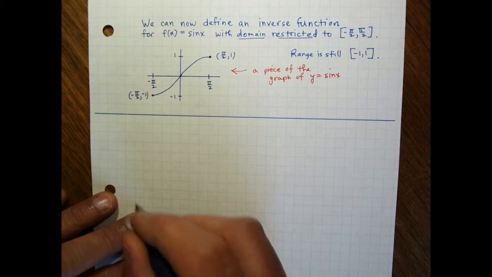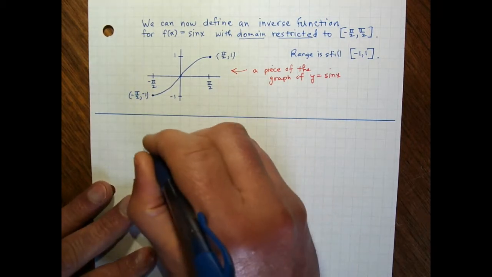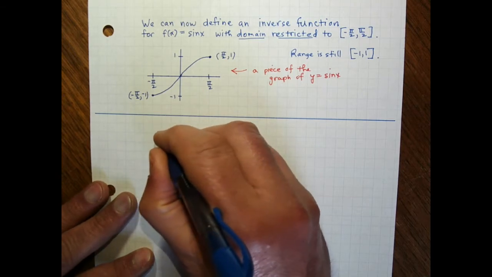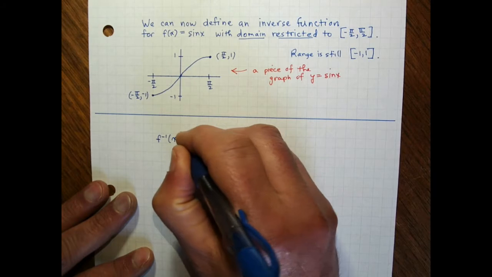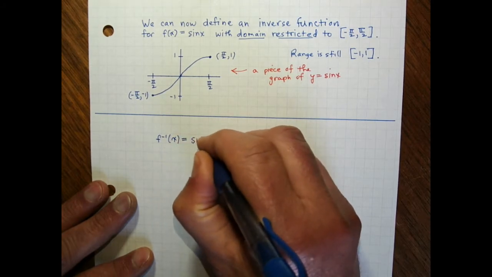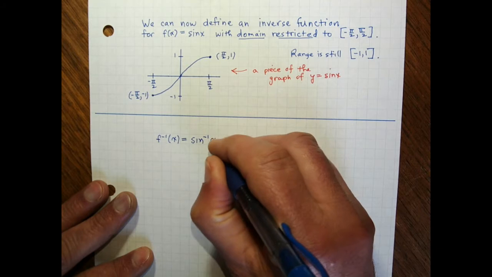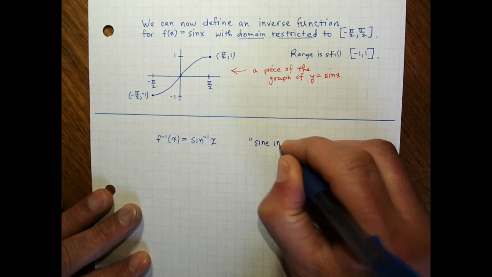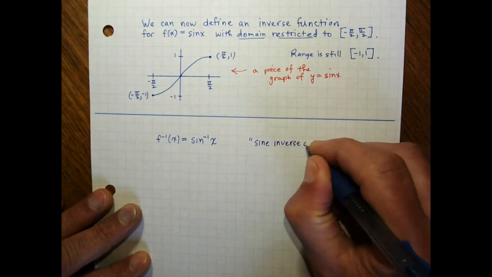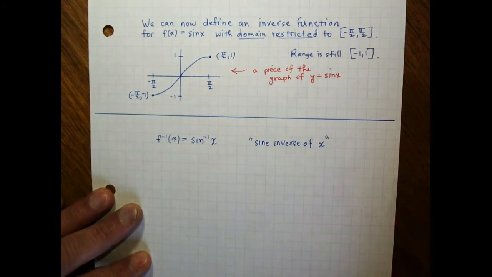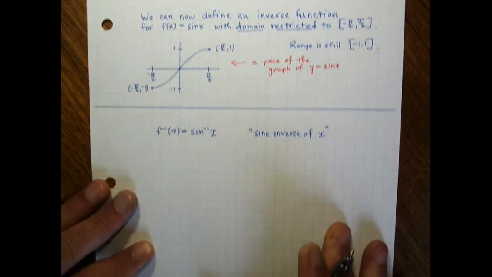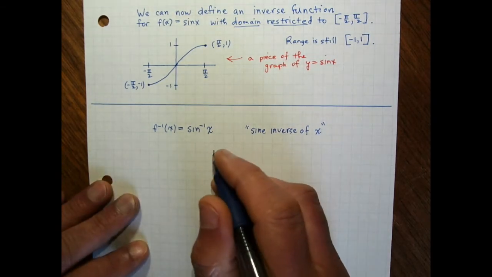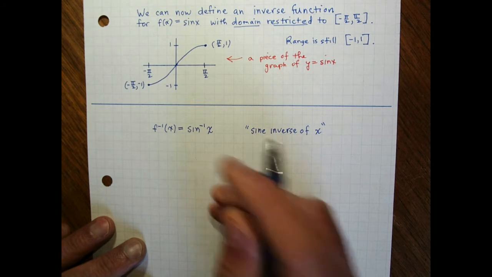And so below, I'm going to start working on f inverse of x, which we're going to denote as sine inverse of x. So you want to read that as sine inverse of x. Don't say sine to the negative 1. It does not mean 1 over sine. It means inverse function. We've interchanged the roles of x and y.